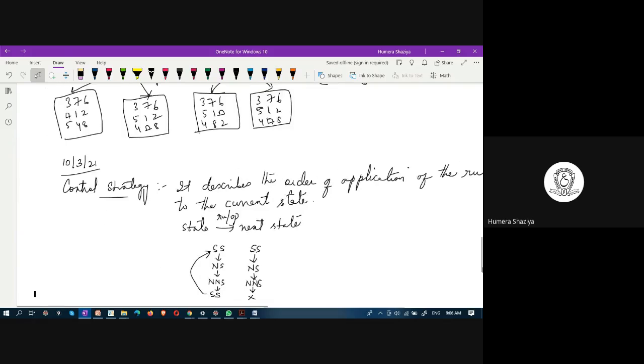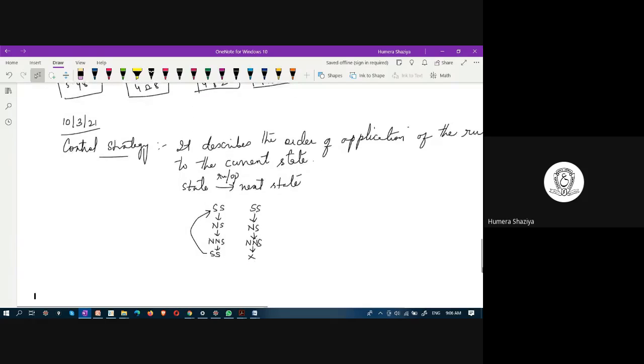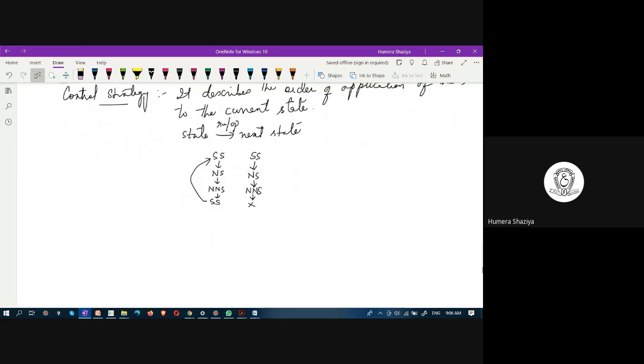The first direction is data driven search, called forward chaining. This is under this control strategy.